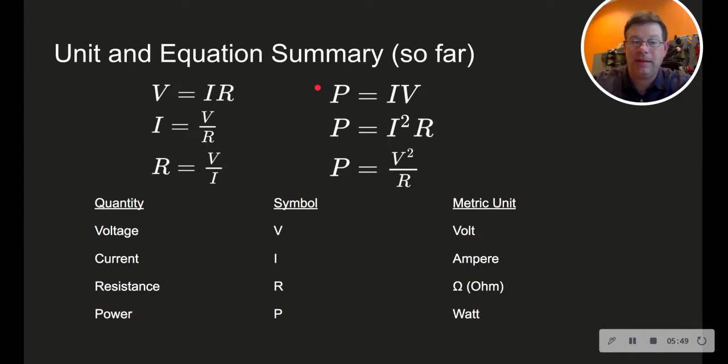And using the equations on the left, we can algebraically rewrite P equals IV in two alternate forms. Again, the forms underneath here are simply the same concept, but rewritten using different variants of Ohm's law.